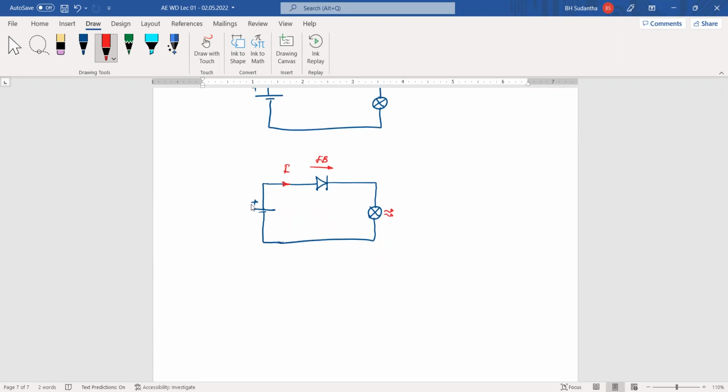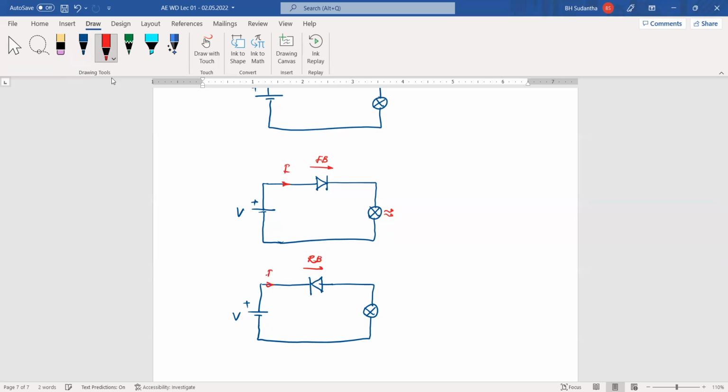Okay, what will happen the other way? We can take the same battery. This voltage is V, here voltage is V, and this bulb is connected to the circuit, and we'll connect this diode in the other way. Then what happens? Then this diode is reverse biased.